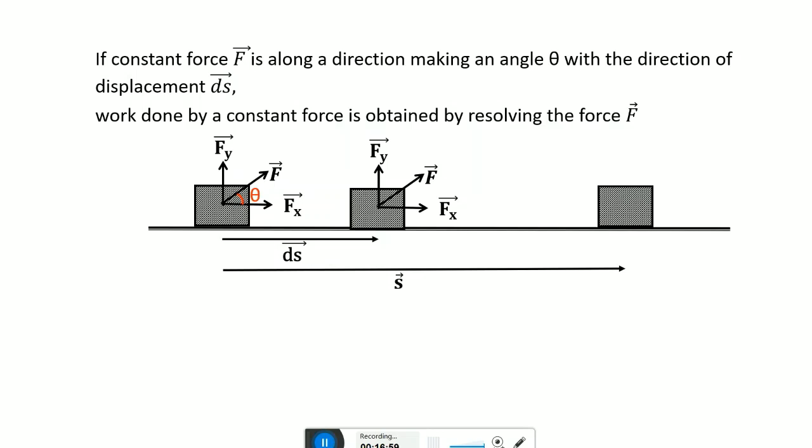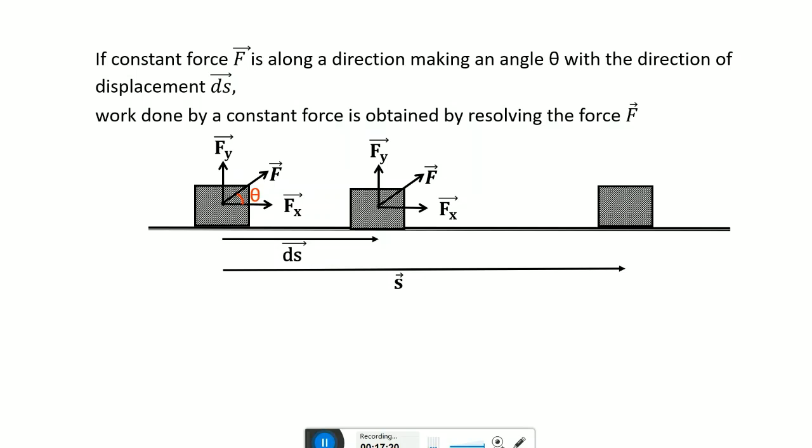The figure shows that a constant force F is applied so that it makes an angle theta with the direction of displacement, means along x-axis.